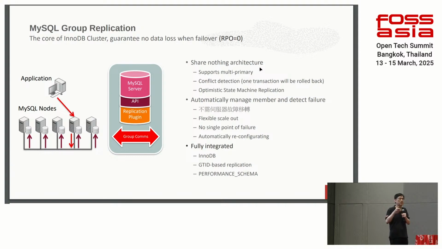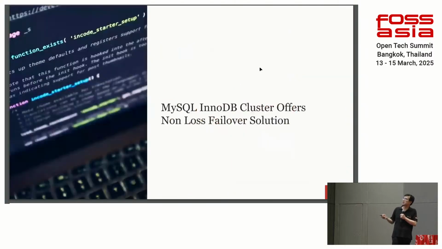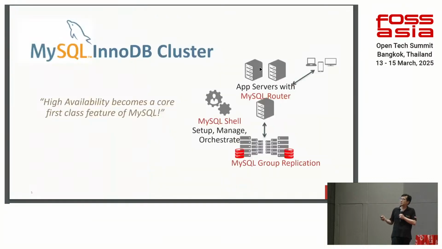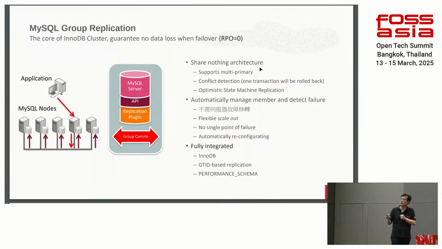Basically, the group replication is based on traditional synchronization. But with the Paxos algorithm, it will help us guarantee the data will not be lost when we do failover. And the data will automatically synchronize between each node.